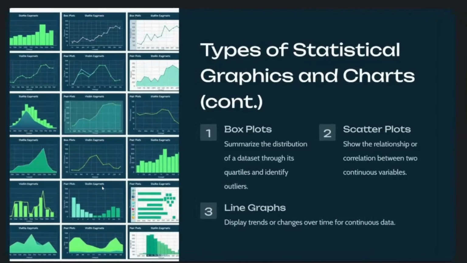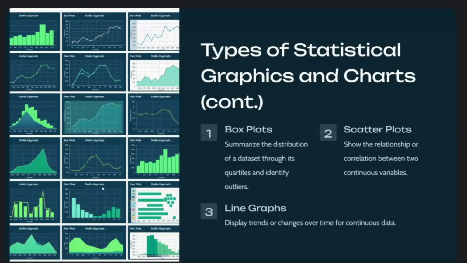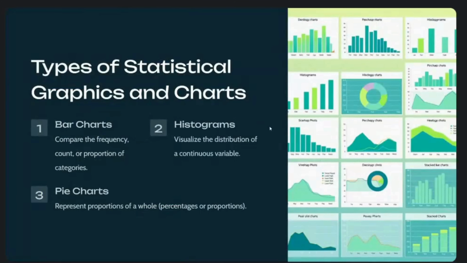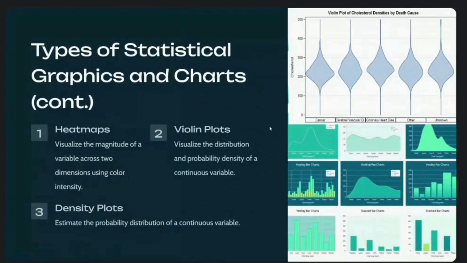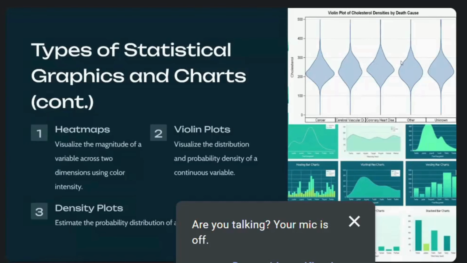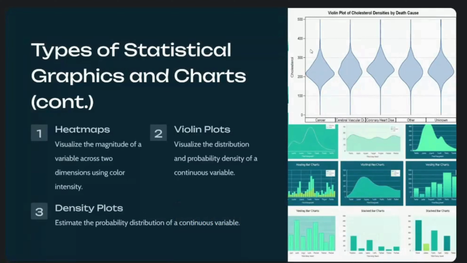Okay, thank you. A box plot is a chart that can help us. Let me show you what a box plot looks like. Okay, this is a box plot. You see, the box plot looks like this.